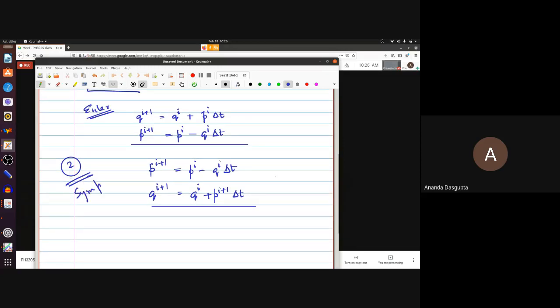It's called the symplectic algorithm. There's a whole class of symplectic algorithms, and the theory behind them is really rather fascinating. I would have loved to talk much more about it, but I simply don't have the time. But I'm pretty sure somebody else will also talk about symplectic algorithms later on.